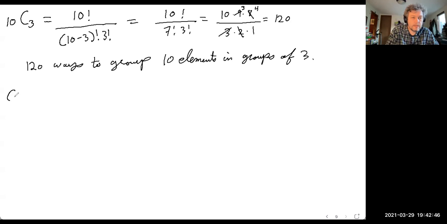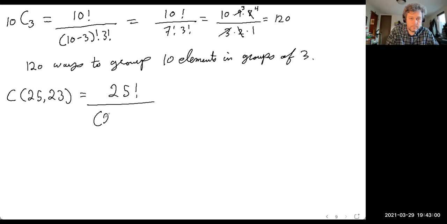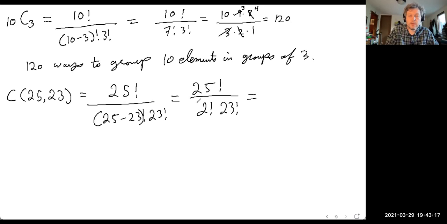Let's try something like 25 choose 23. Again, I'm just using that other notation. It doesn't mean anything significant. This is going to be 25 factorial over 25 minus 23 factorial, over 23 factorial. So 25 minus 23 is just 2 factorial over 23 factorial, 25 factorial. So what do we get? We get 25 times 24 over 2 times 1.